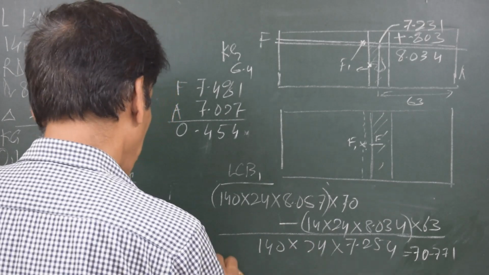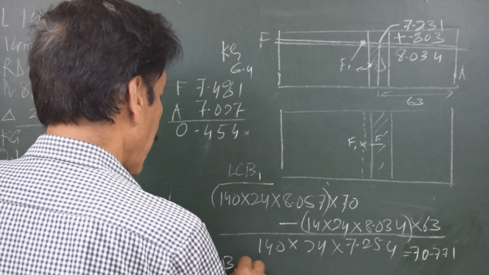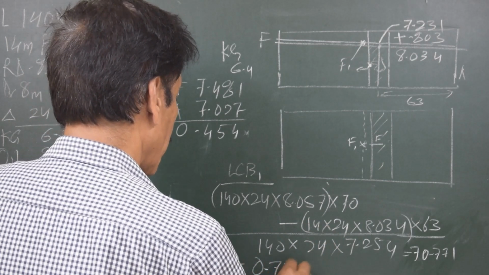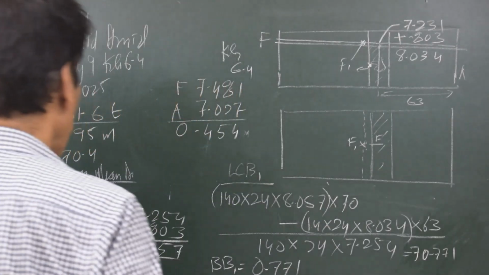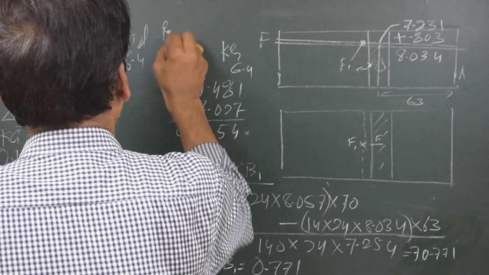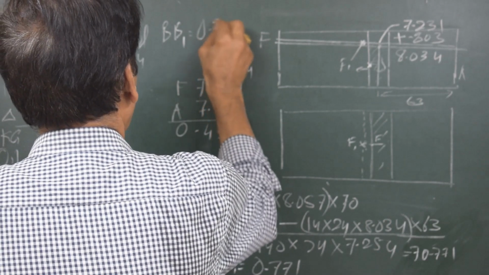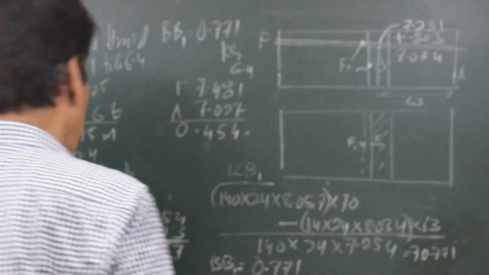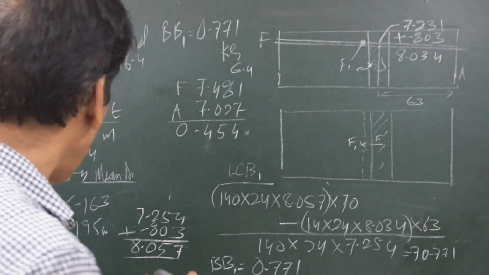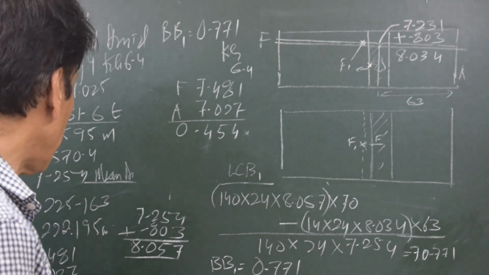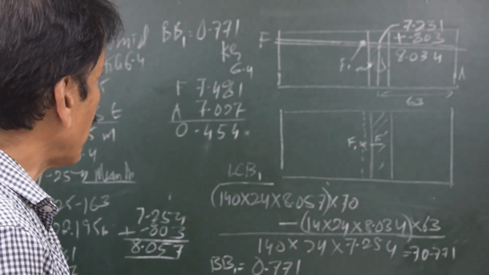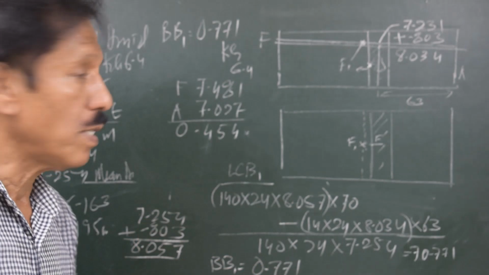from aft. This means that BB1 is equal to 0.771. So I'll write it here. The BB1, that is the shift of center of buoyancy, is 0.771. So mind you, the shift of center of flotation is 0.777 and the shift of center of buoyancy is 0.771.